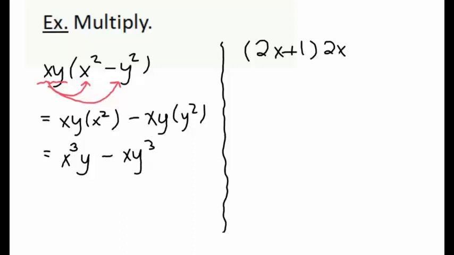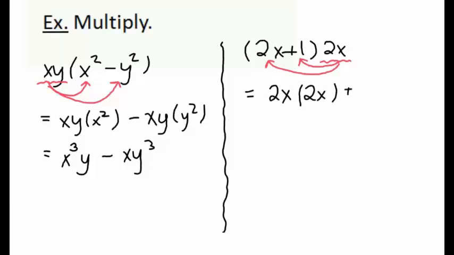Now I chose this second example because I wanted to show you that it doesn't matter if we have our monomial on the left side or on the right side, we follow the same strategy. So I'm going to take this 2x, which is on the outside of our brackets, and I'm going to distribute it into the 1 and into the other 2x. When we do this, we're going to get our original 2x times another 2x.